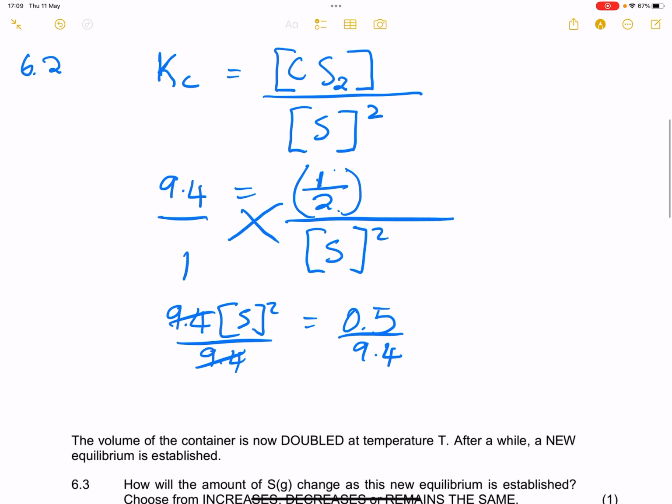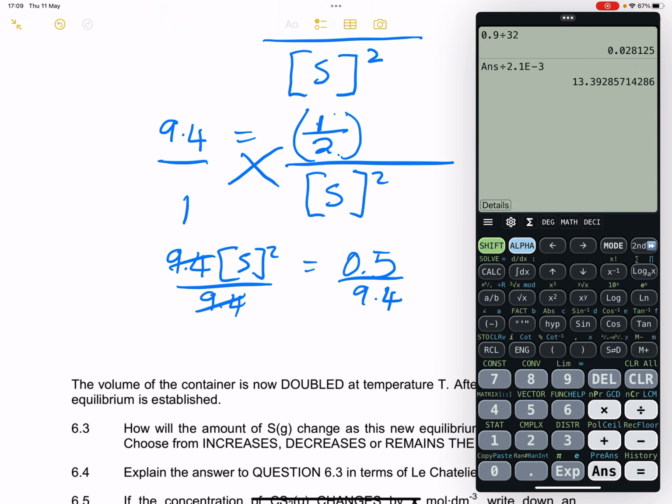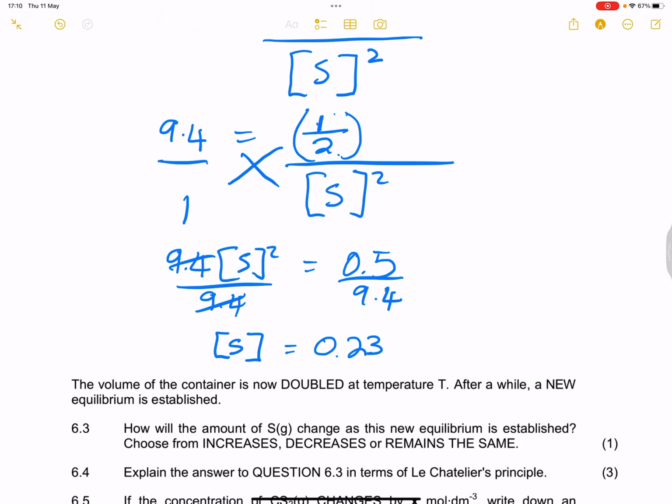What does that give us? 0.5 divided by 9.4, we get that answer there, and we take the square root of that answer, and we get 0.23. So it means that the concentration of sulfur at equilibrium would be 0.23. Remember, this is concentration, so that's in moles per cubic decimeter.